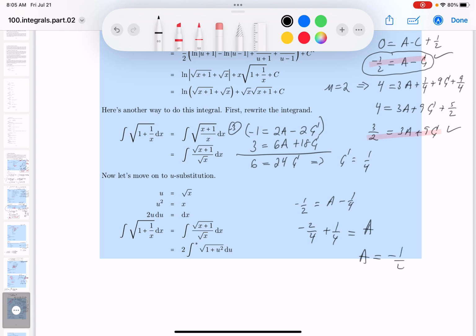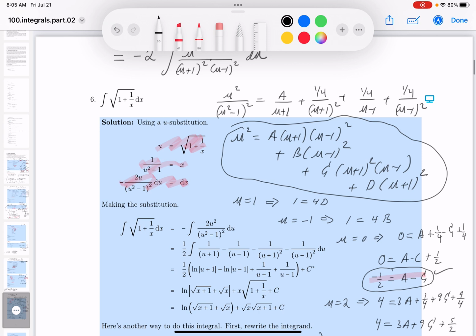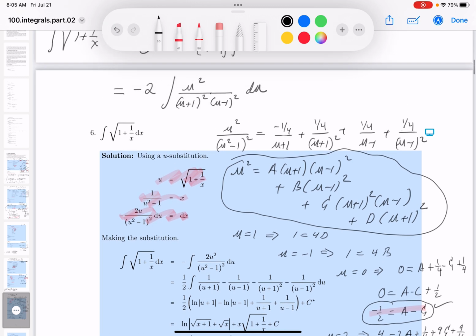Let's go back up here. I'm going to put that down now. Oops, sorry about that. All right, let's go back up here. And what I'm going to do is I've got this into partial fractions now. I'm going to be factoring out minus 1/4. And what would you get? Minus 2 times minus 1/4 is 1/2.